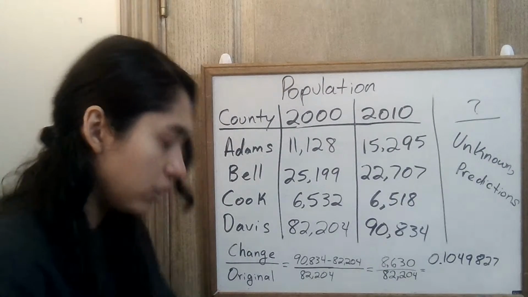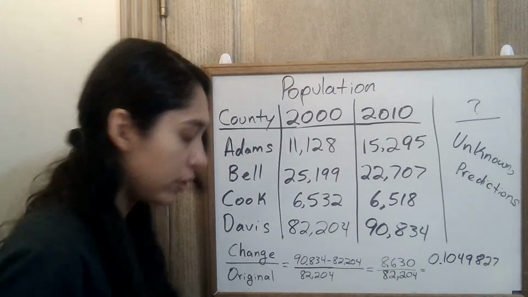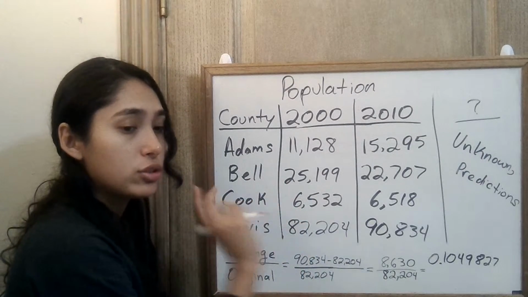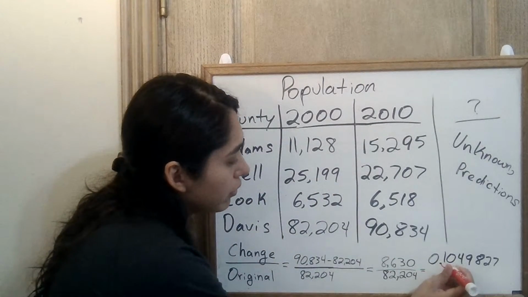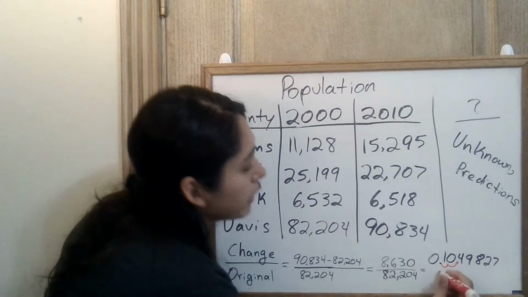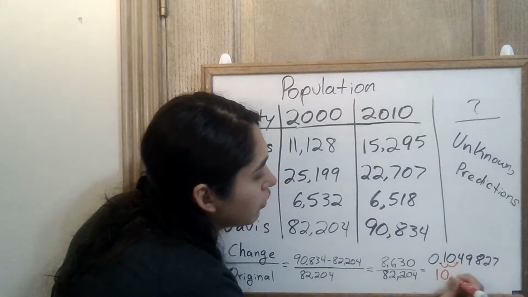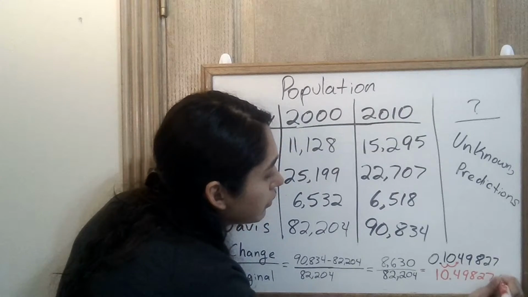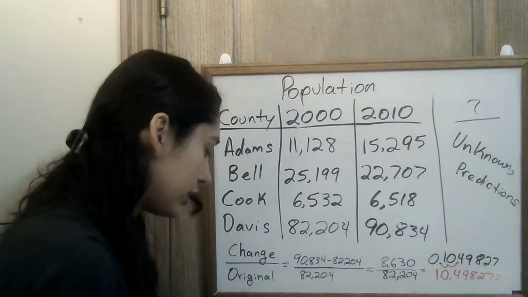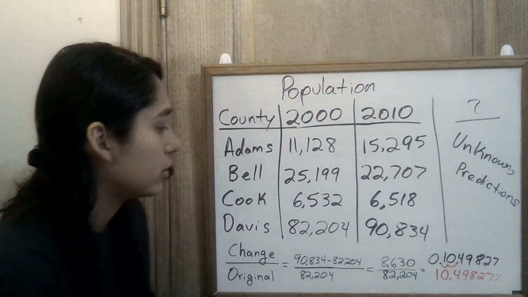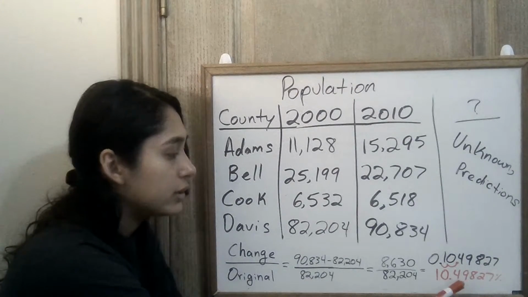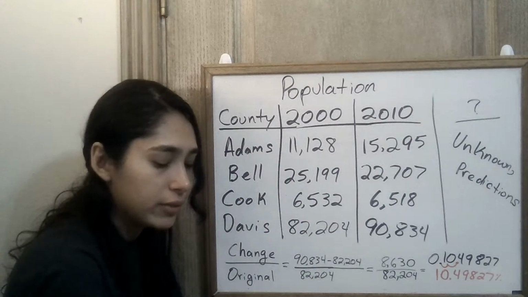And following our rule, if we want to turn a value into a percentage, we will move the decimal place 2 times to the right. Right, so we get 10.4987%. Now let's say I only want to care about having one decimal place afterwards. I can just go ahead and round up.